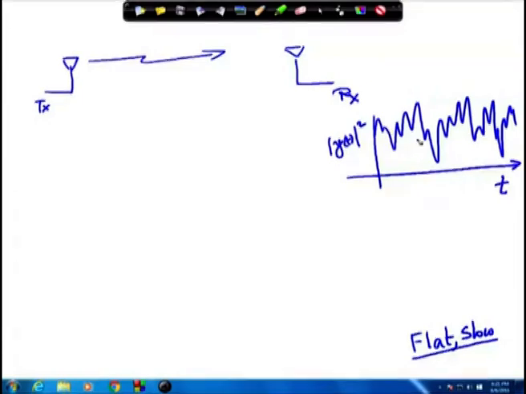Now, we have also discussed that there is level crossing rate. If there is a certain threshold, the rate at which it crosses the threshold. We have also discussed there is this average duration of fade when signal goes below the threshold.